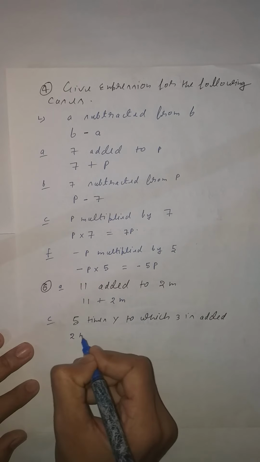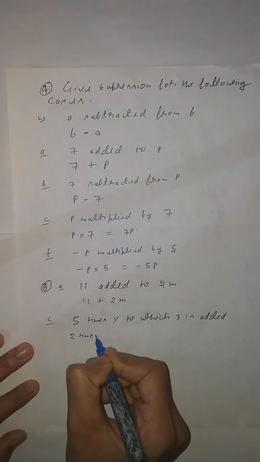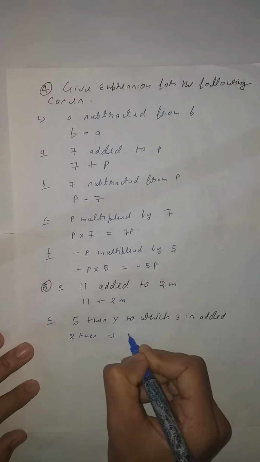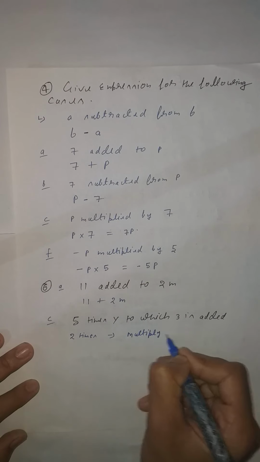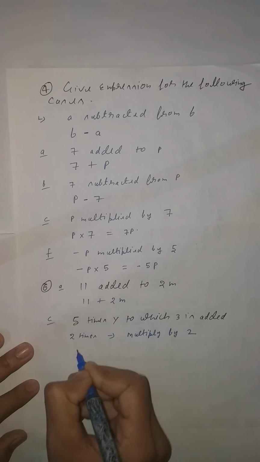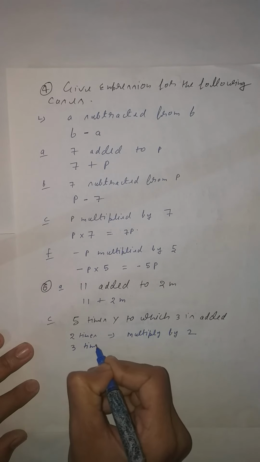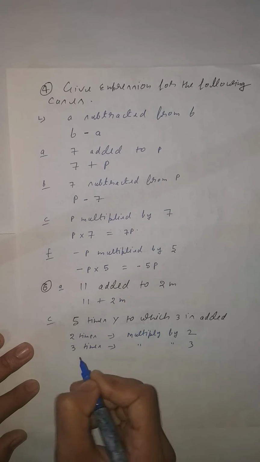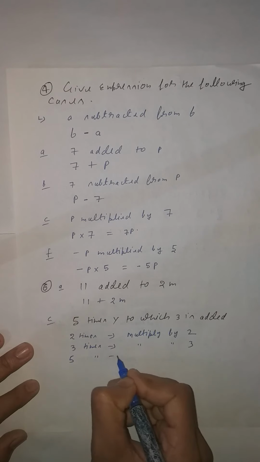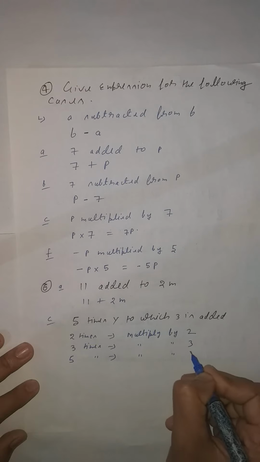Like if 2 times is given, clear student? If 2 times is given, yani multiply by 2. Clear? 3 times is given, yani multiply by 3. So similarly 5 times is given, nice student. So 5 times is multiply by 5.